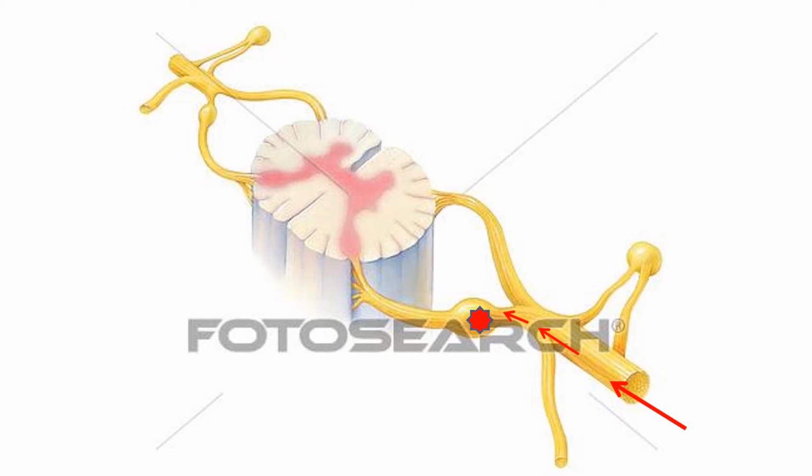Any sensation before it gets into the central nervous system must have its cell body outside the central nervous system. This cell body, or this neuron, is a pseudo-unipolar neuron.